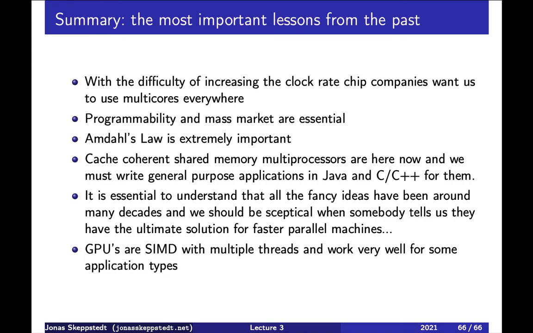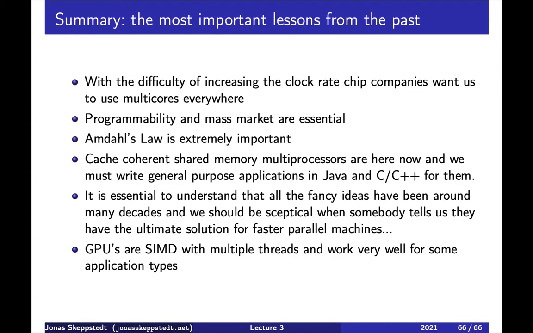Of course there is no general answer to that. It's just that we must think about that at the point when we decide on which hardware architecture something should be implemented on.